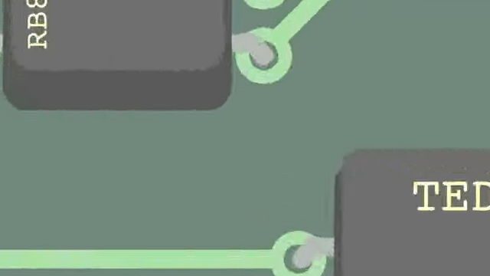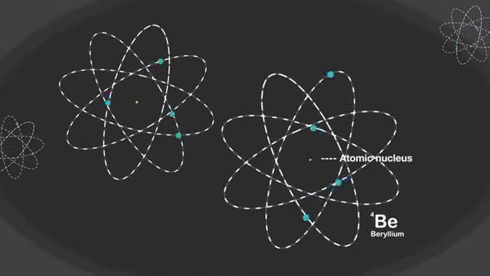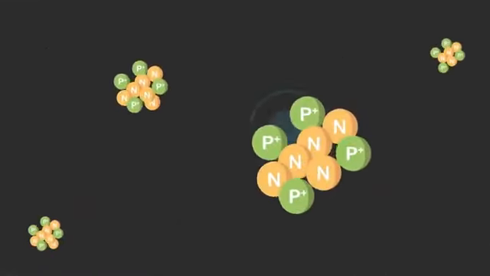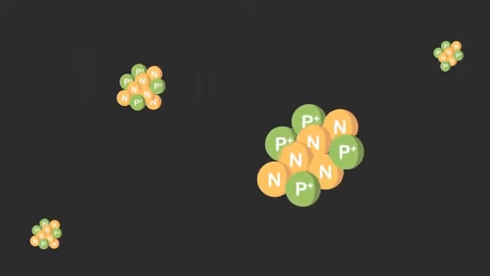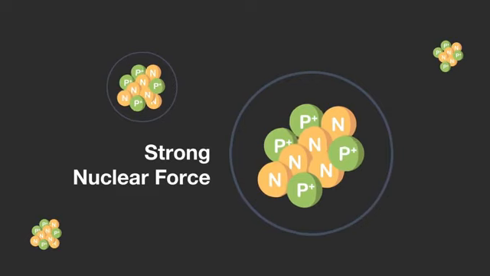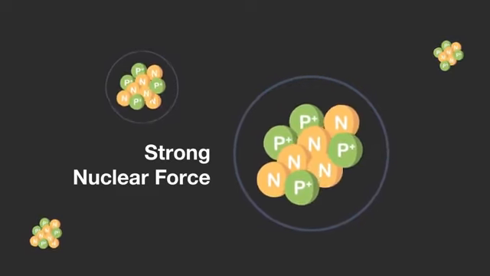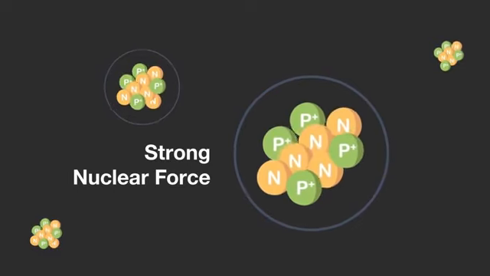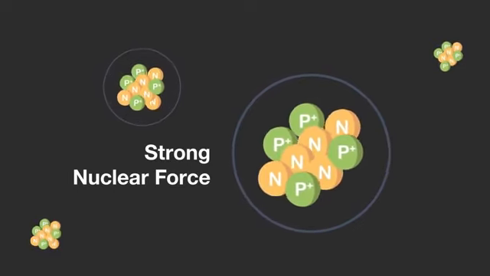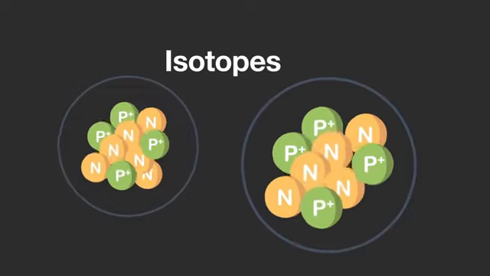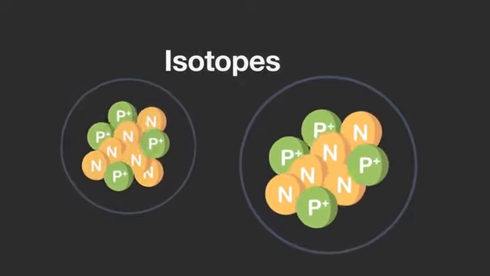Nuclear radiation, on the other hand, originates in the atomic nucleus, where protons repel each other due to their mutually positive charges. A phenomenon known as the strong nuclear force struggles to overcome this repulsion and keep the nucleus intact. However, some combinations of protons and neutrons, known as isotopes, remain unstable or radioactive.